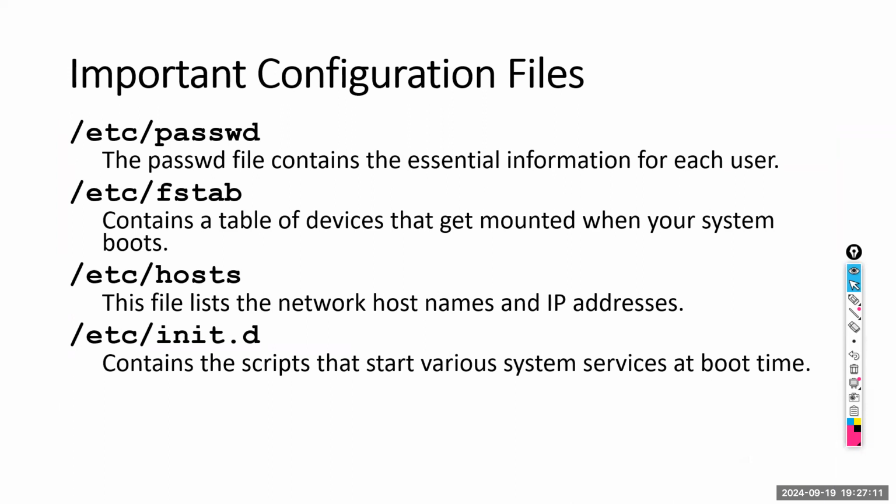So then you have the etc folder, some configuration files. There are some important subfolders and files like passwd, where all the user details are. fstab contains the mounted device related details. etc hosts is like your local DNS.